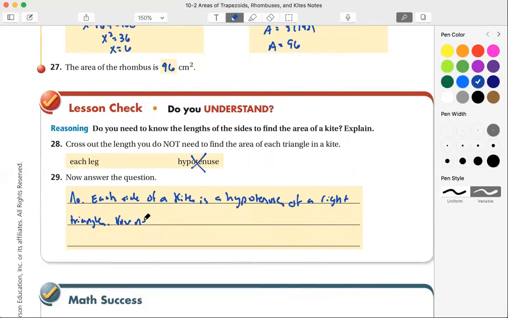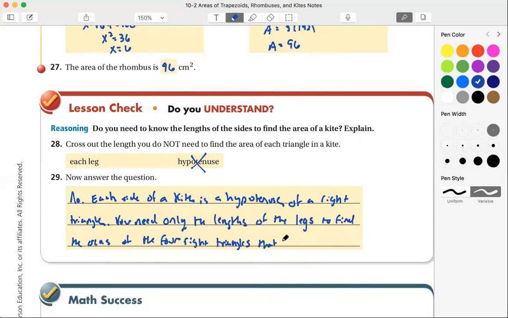You need only the length of the legs to find the areas of the four right triangles that form the kite.